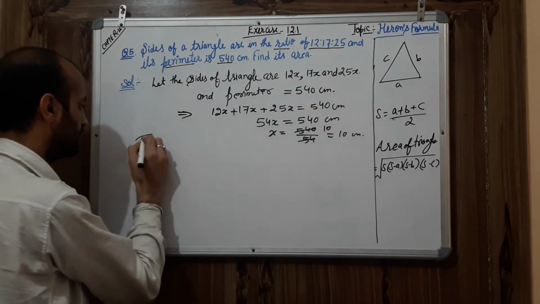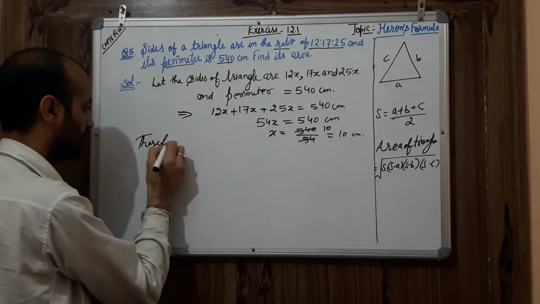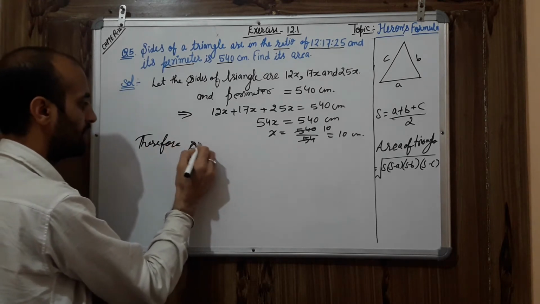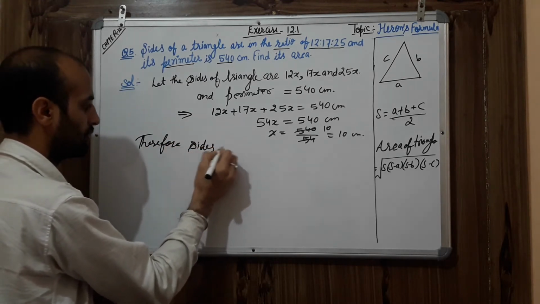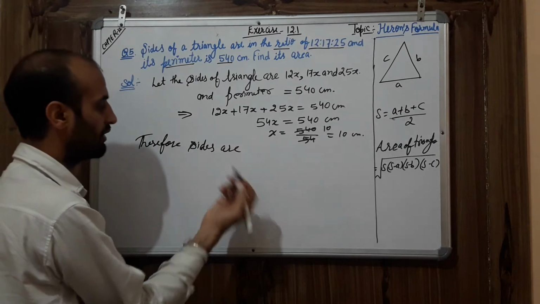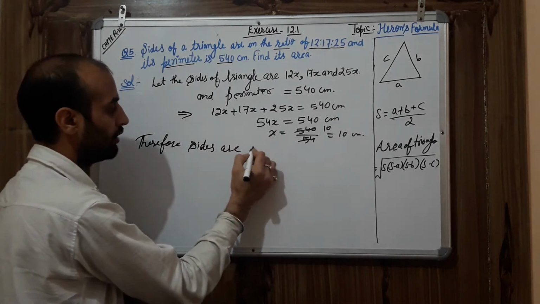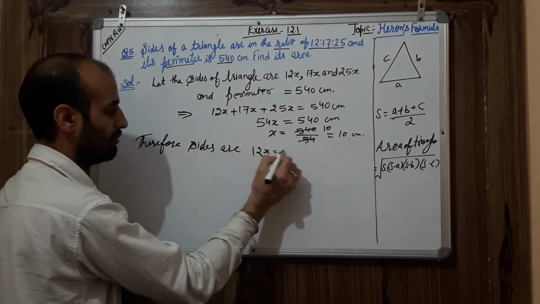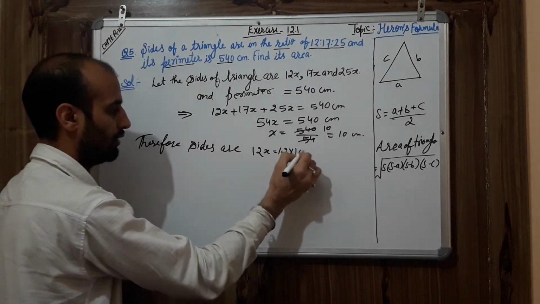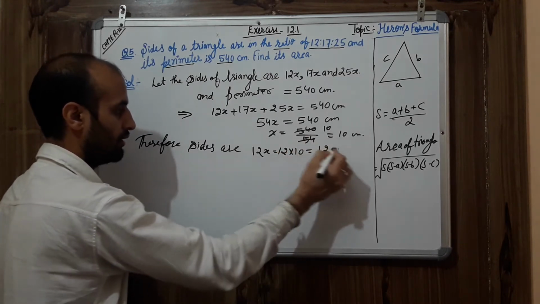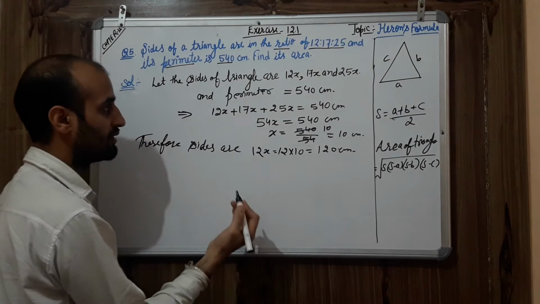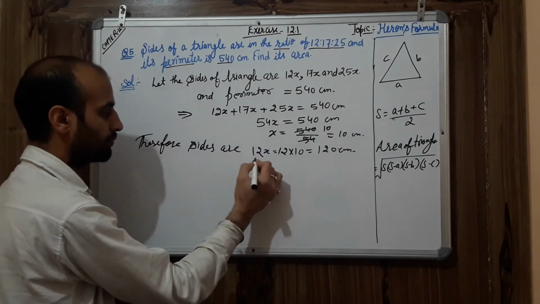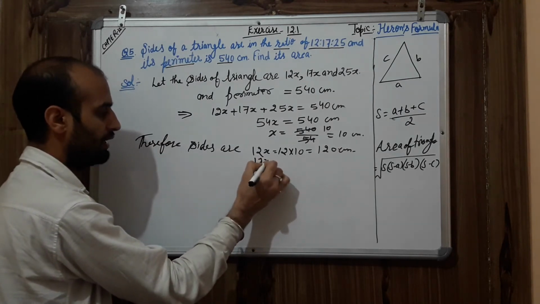Therefore, the sides are: 12x, that means 12 into 10. It becomes 120 centimeter. One side is this. Second, it is written 17x.